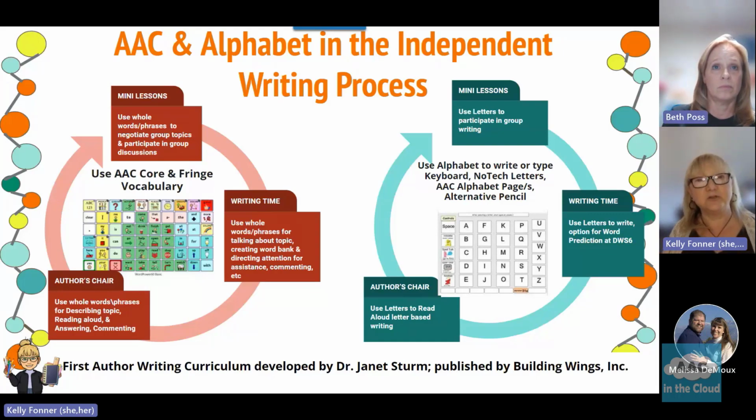And then they might use their letters as we do the group writing, and everybody contributes, because if we want somebody to be able to write with the alphabet, they need to write with the alphabet. It can't just all be these whole word types of activities. And I get a little over enthusiastic about it, because the process of predictable chart has a very big day in the sun right now.